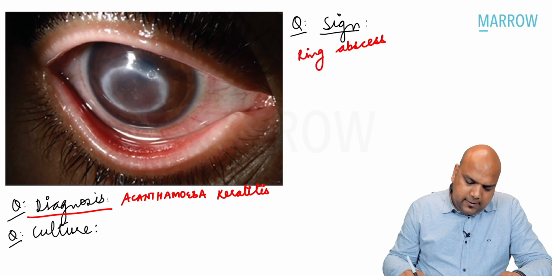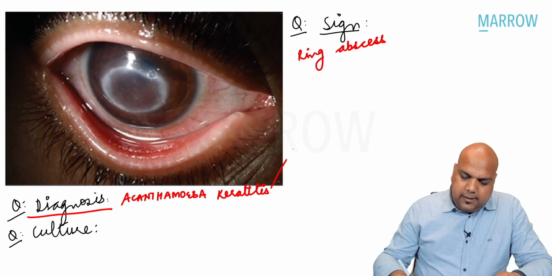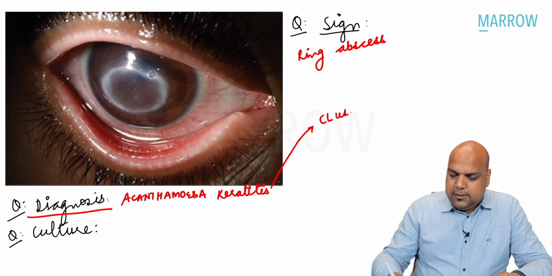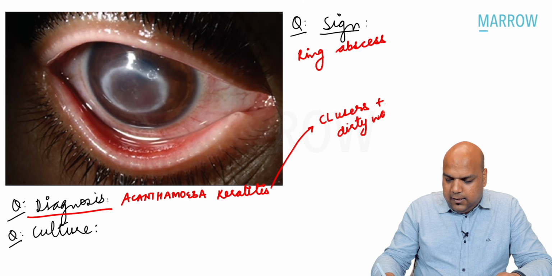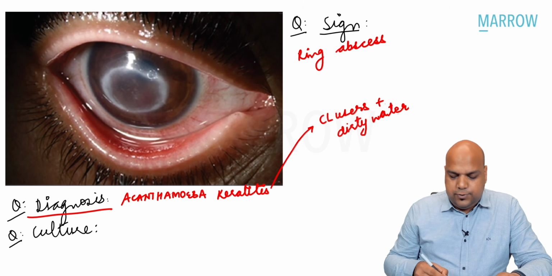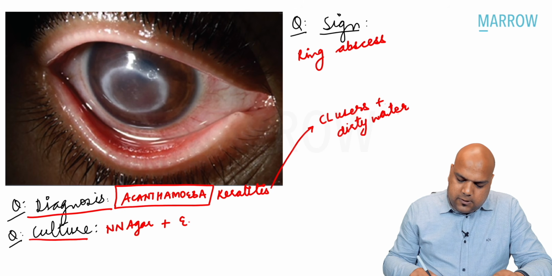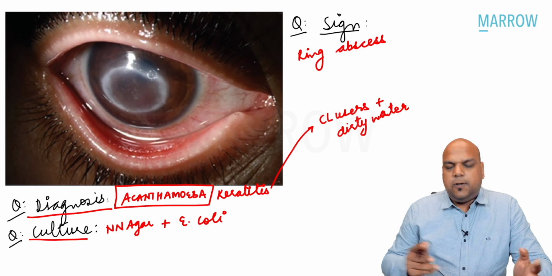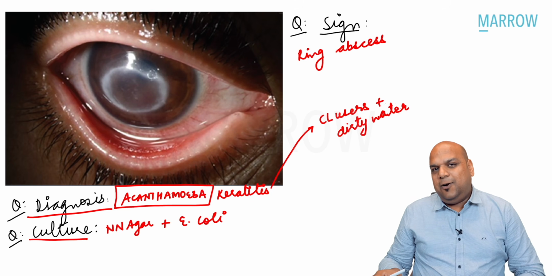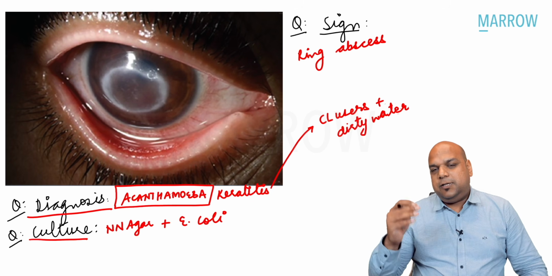We have not read this name anywhere else in ophthalmology. Acanthamoeba keratitis. And acanthamoeba keratitis is more common in contact lens users plus dirty water. I think this has been drilled into our minds by now. We are no more confused in this. And the culture: acanthamoeba is a parasite, please remember, that is why it is non-nutrient agar enriched with E. coli. So I've written in short form NN agar, non-nutrient agar, which is enriched with Escherichia coli.